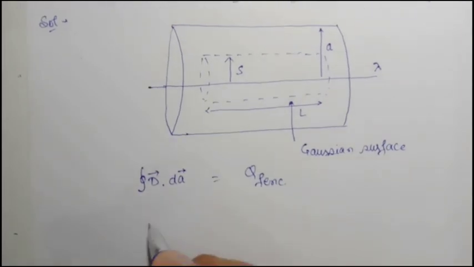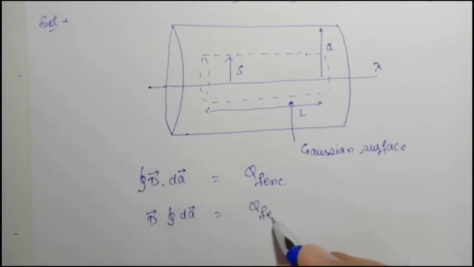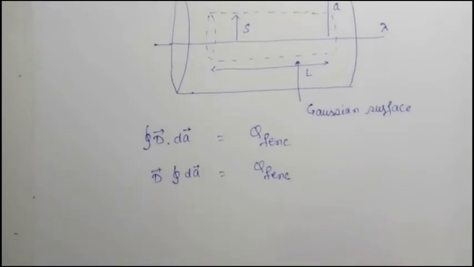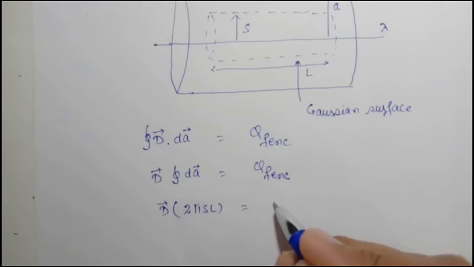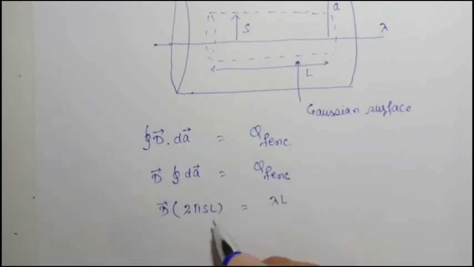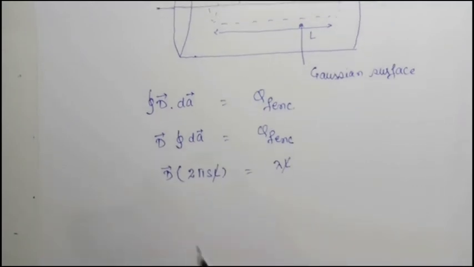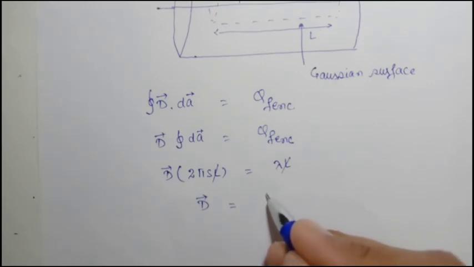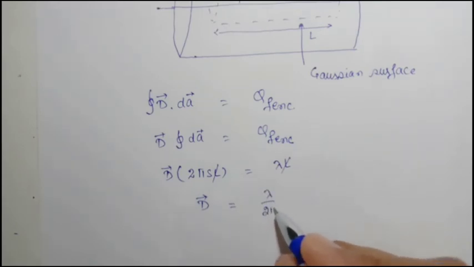So here we can write D dot dA, and this is equal to the total free charge enclosed, and the area of the cylinder, we know, is 2 pi sL, and this is equal to lambda L. So here L is cancelled with L, and the electric displacement vector is equal to lambda over 2 pi s.